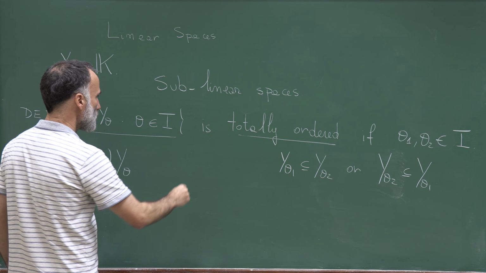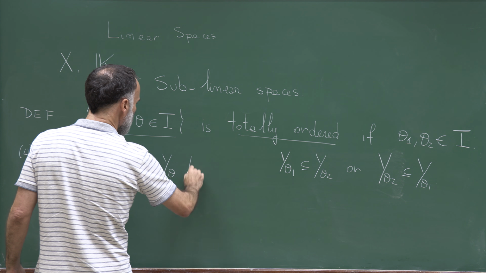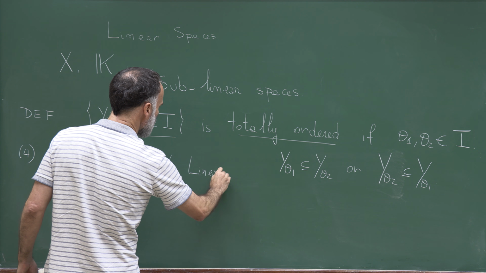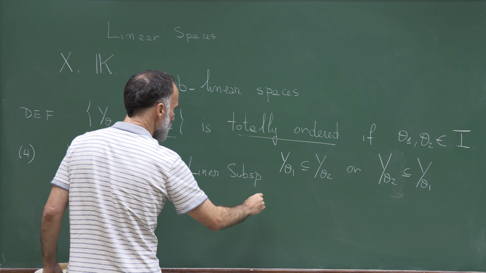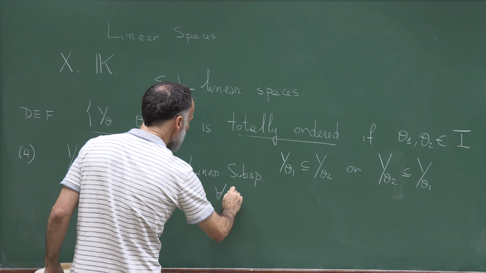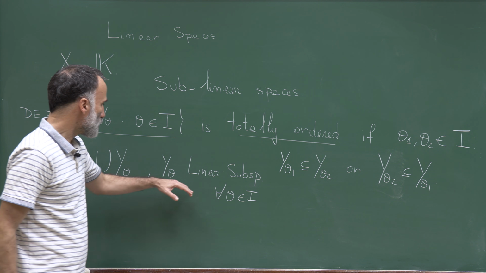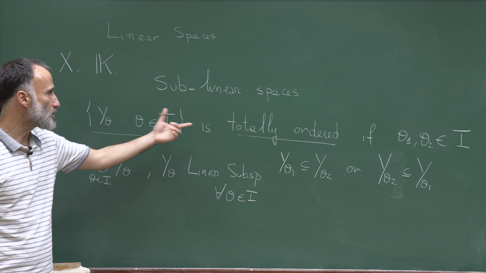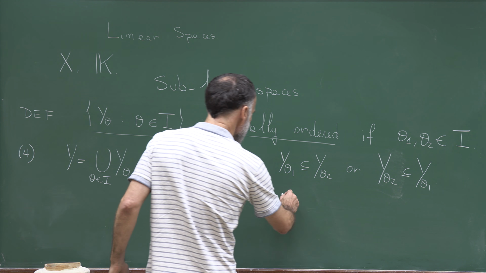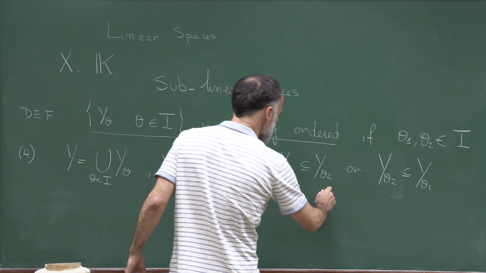Assume that these spaces are linear subspaces of X for all theta in I. So I'm assuming that Y theta are linear subspaces and that this family is totally ordered. And what I claim is that then the union of this family is a linear subspace.